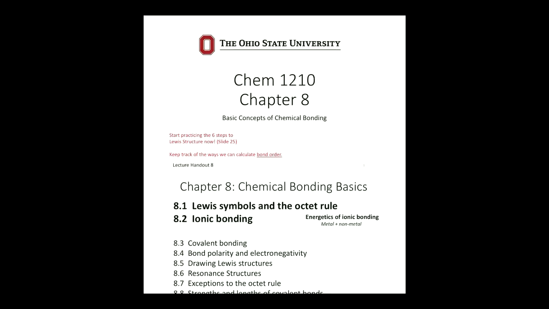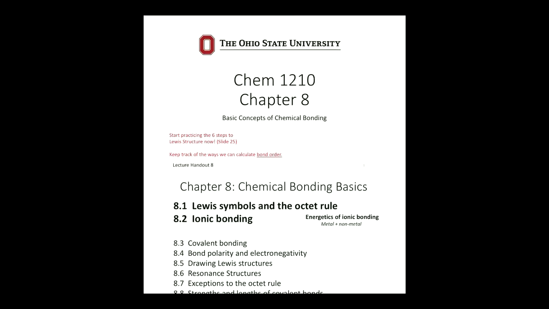Chapter 8, we're going to be using the same trends and ideas, ionization energy, electron affinity, kind of at the beginning here. A lot of concepts overlap. We'll be using them again in chapter 8, because now we're thinking about, okay, what requirements do we need to consider when we actually form chemical bonds?